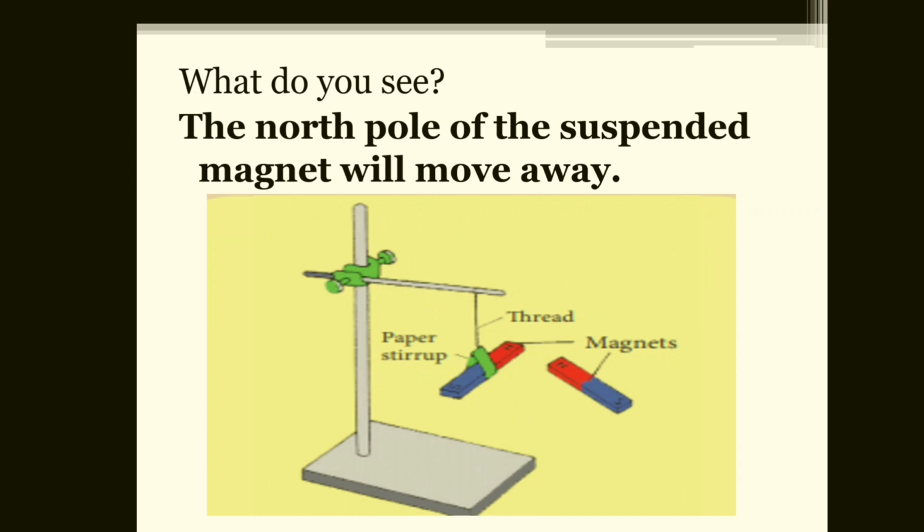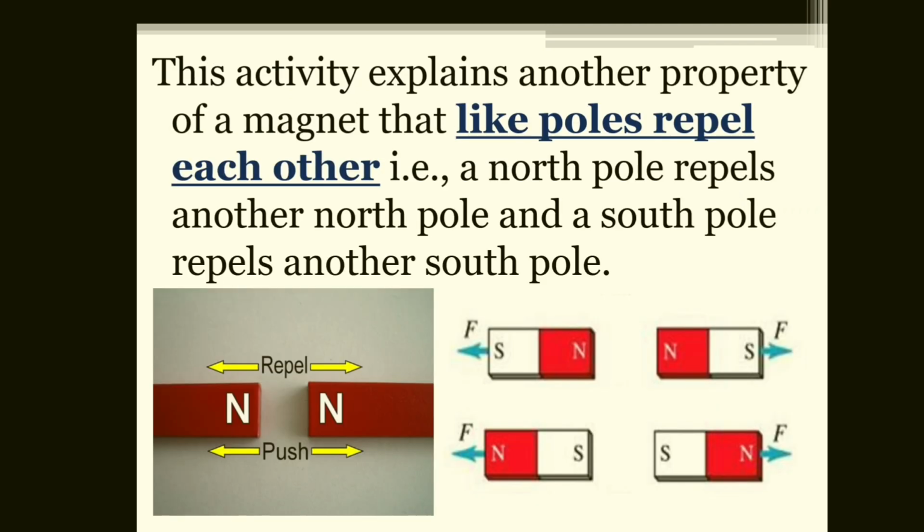The suspended magnet will move away. Why does this happen? This activity explains another property of a magnet, that like poles repel each other.